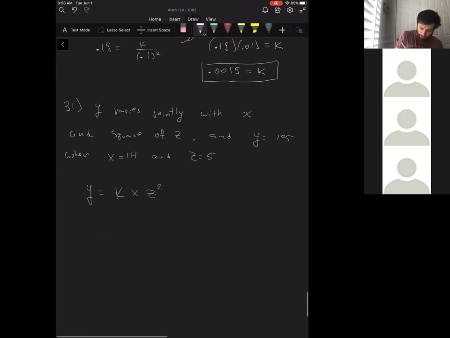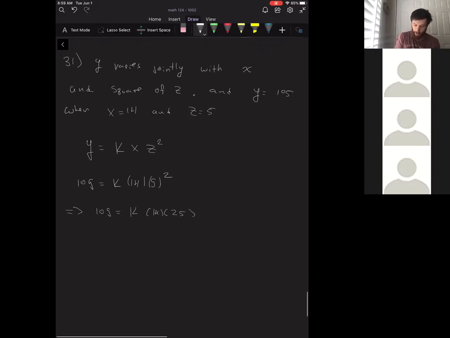Now it's giving us a point. It's saying y is 105 when x is 14 and z is 5. So this tells us that 105 is equal to k times 14 times 25.